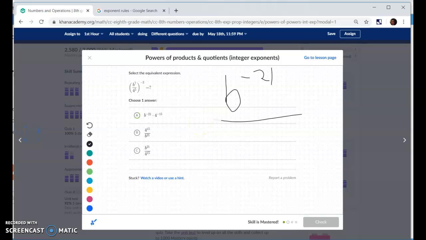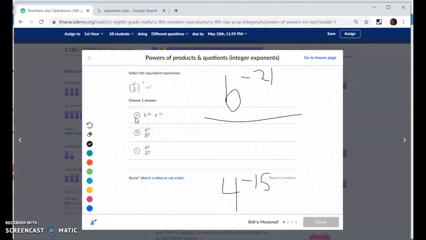And then we're going to distribute the negative 3 to the 5th power. So our base number stays the same. So 4, and then negative 3 times 5 is negative 15. Okay, so b to the negative 21st power over 4 to the negative 15th power.